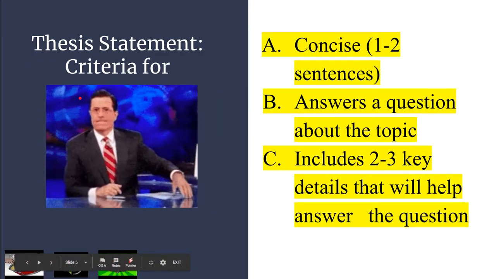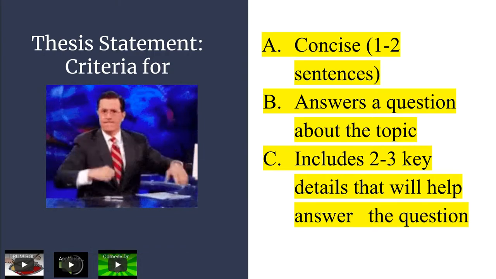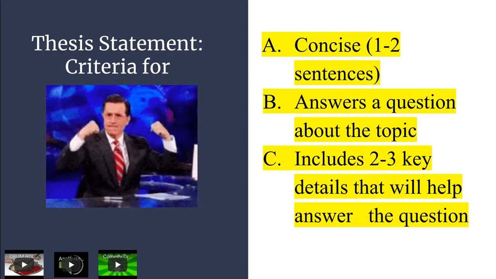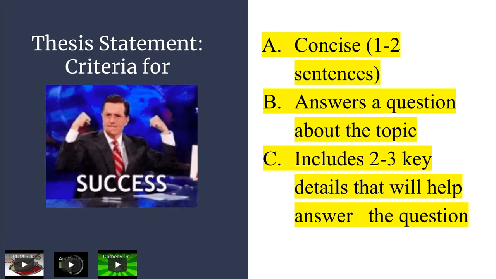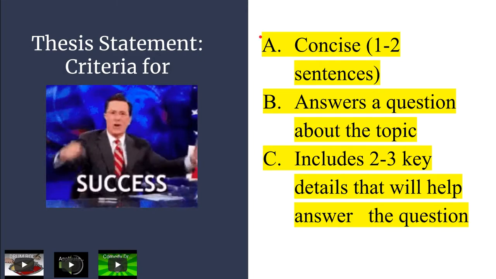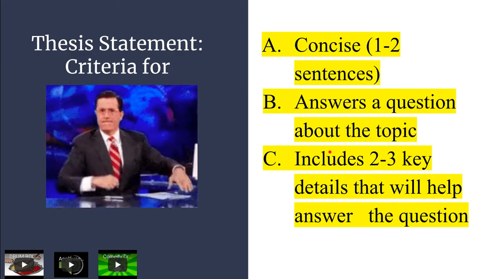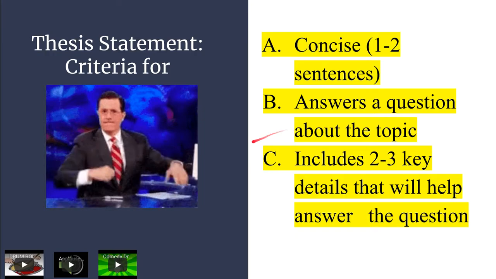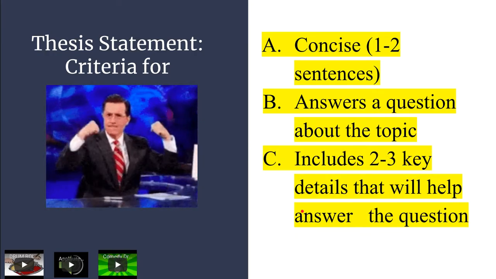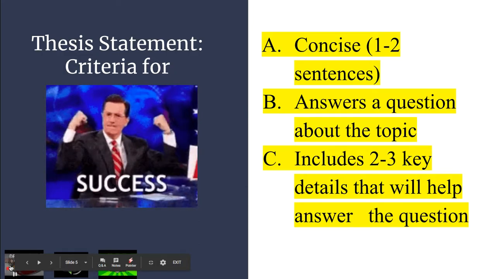All right, next, and I think last question is, when you write a thesis statement, what is the criteria for success? Which one of these does a thesis statement have to do or be? A, concise, 1 to 2 sentences. B, answers a question about the topic. C, includes 2 to 3 key details that will help answer the question. What do you think?